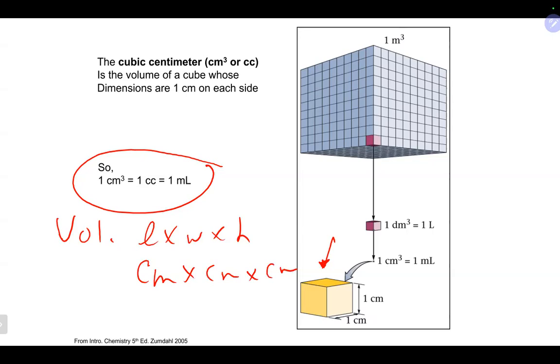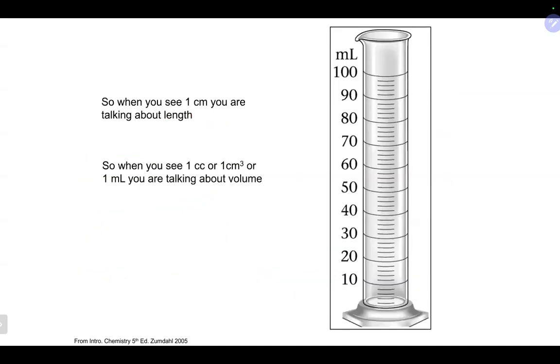Each of these individual measurements are length measurements, but when we multiply them together, it does become a volume, right? Which is what each of these are. And again, 1 cubic centimeter is equal to 1 milliliter. Cubic centimeters used a lot for solids and liquids a little bit, but milliliters are also used for obviously volume and liquids.